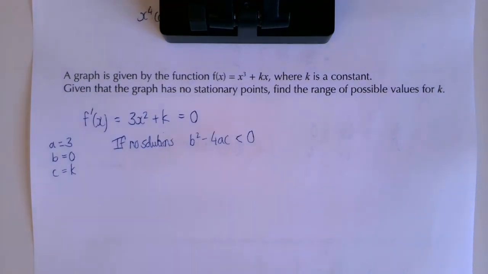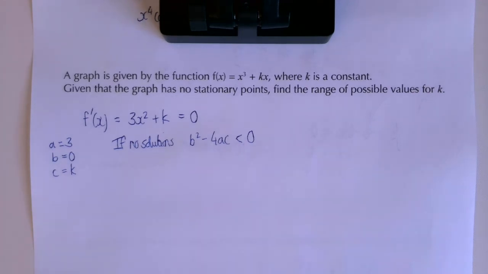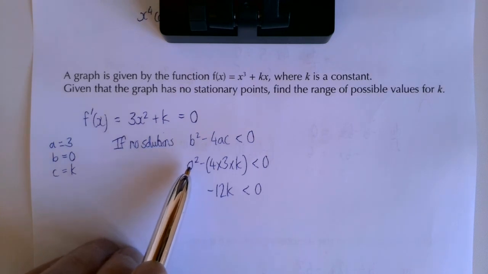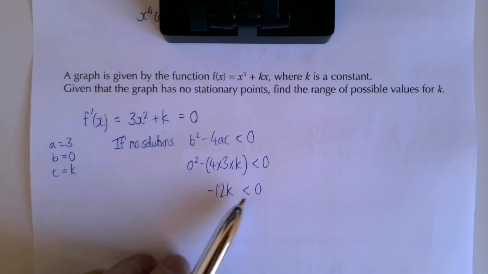So go on, see if you can pick it up from there. It's quite an easy one because we've got no b in there. See if you can tell me something about the values of k. Pause and have a go. So b squared will be 0 squared, nothing. I always do my 4ac in brackets, so I've got 4 times 3 times k, so that's minus 12k.